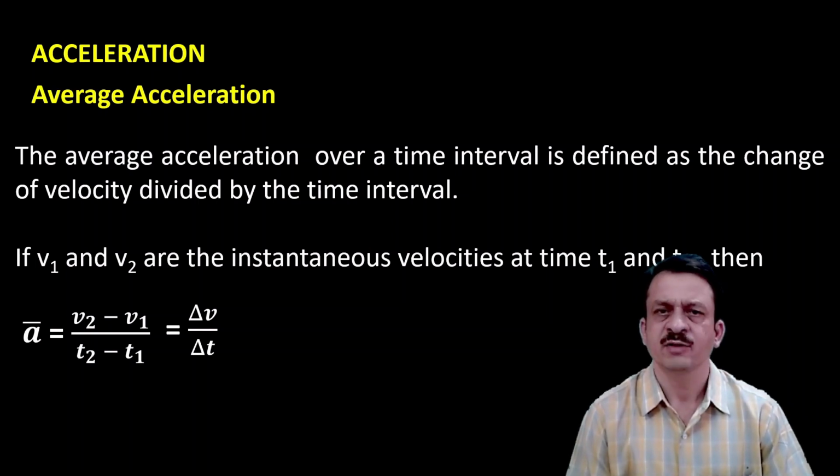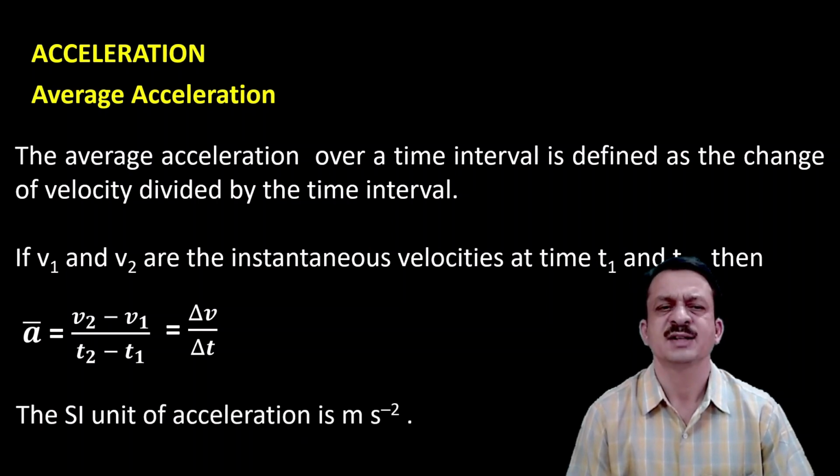In the numerator we have velocity, whose unit is meter per second, that we have already studied. In the denominator we have time, that is seconds. Therefore the SI unit of average acceleration is meter per second square. Okay, this is acceleration, vegotkarsha.